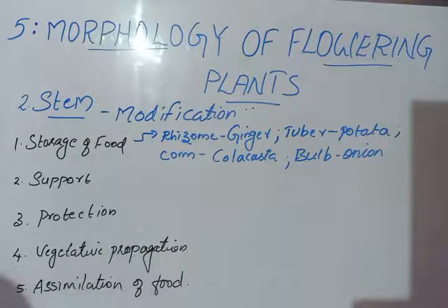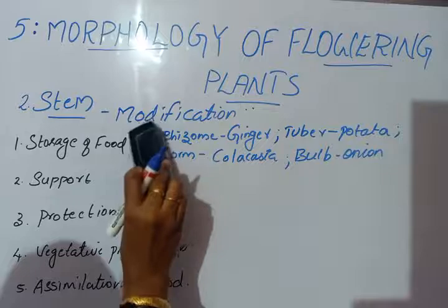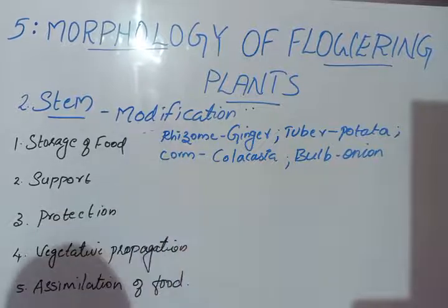So these are the types of modification for what? Food storage of stem. Okay, the stem is modified in the form of rhizome in ginger, tuber in potato, corm in colocasia, and bulb in onion.